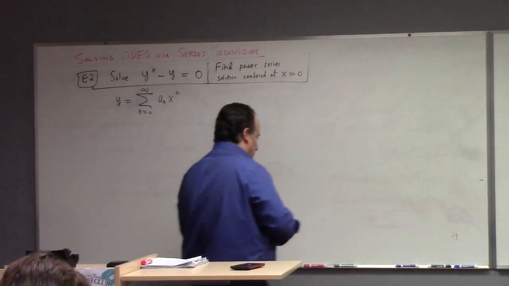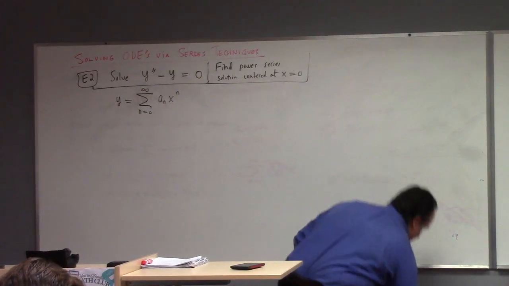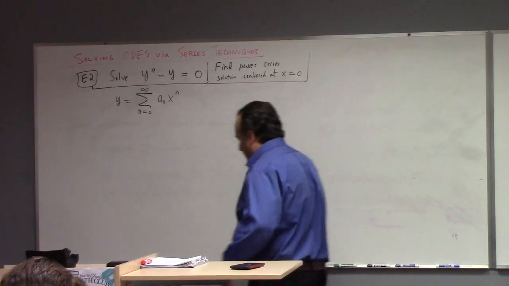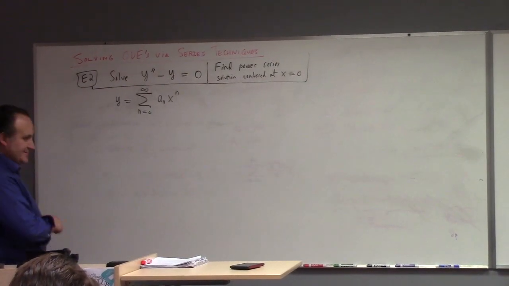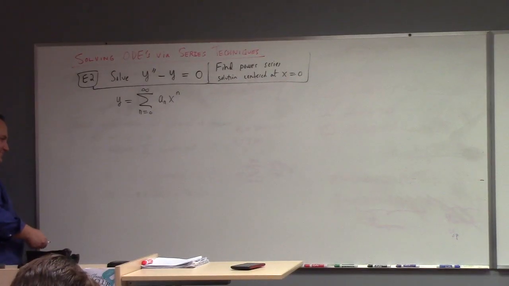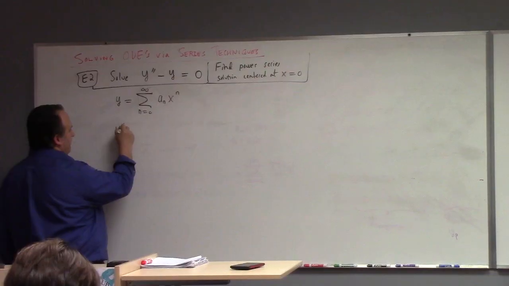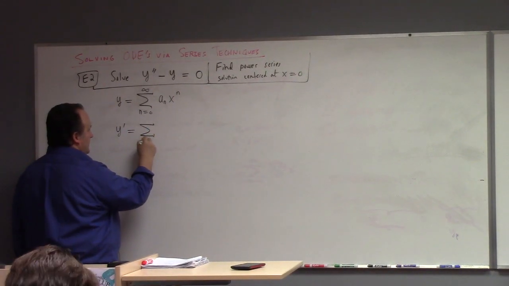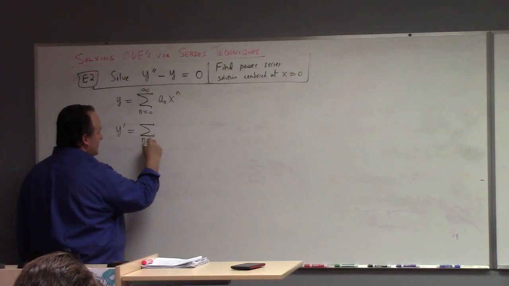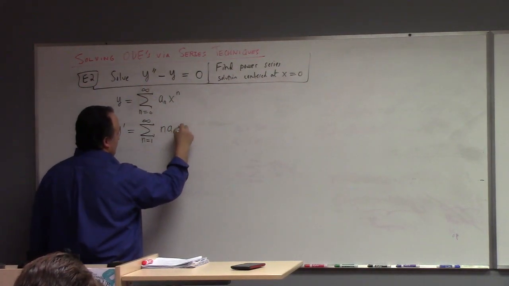There's my series. Second thing, oh man, this board is substandard, to put it lightly. Okay, so y prime is what? It's the sum n equals 1 to infinity of n a sub n x to the n minus 1.